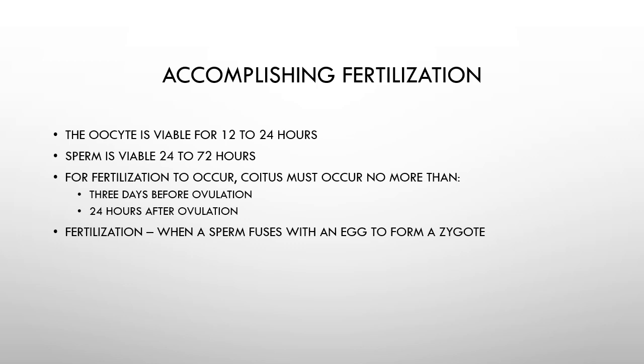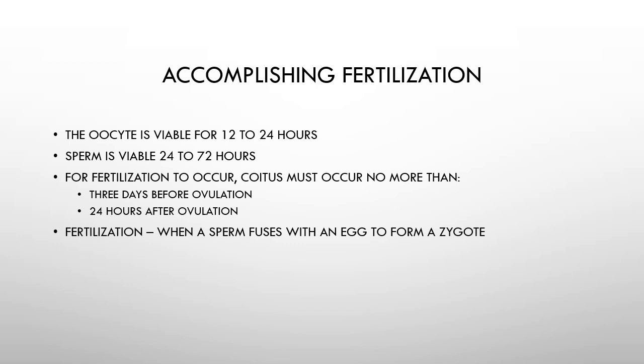The oocyte's going to typically live somewhere in the neighborhood of 24 hours. So it's going to remain viable for that 24 hours or so. And the sperm is going to be viable anywhere upwards of 72 hours. So we've got kind of a 3-day window, in a sense, where fertilization can occur. In terms of the oocyte, we've got basically a 1-day window.